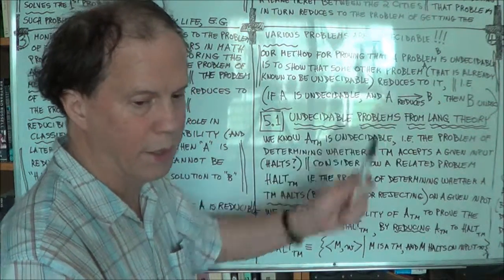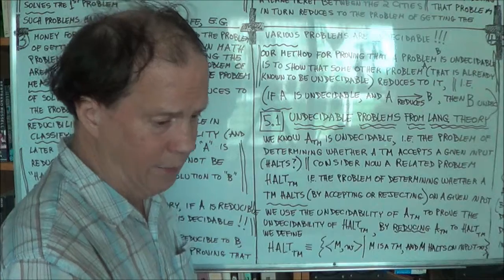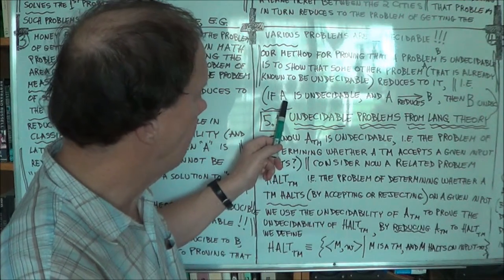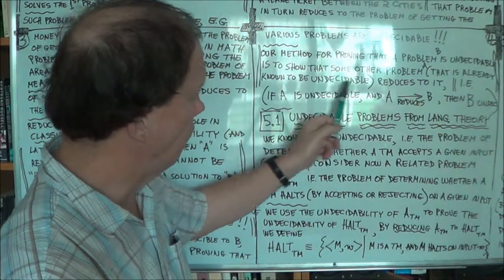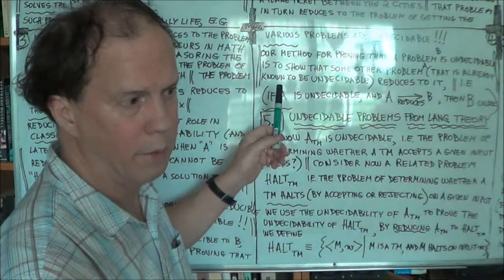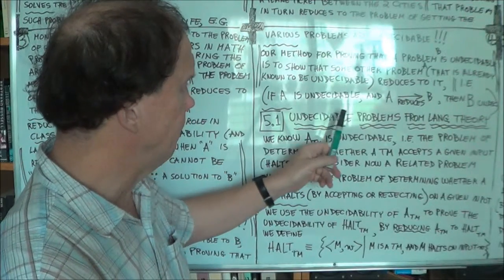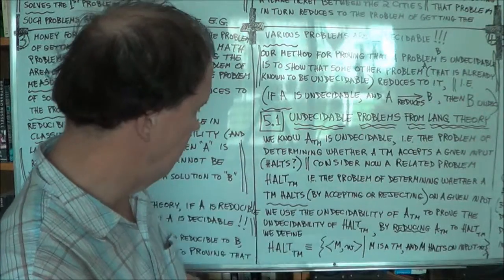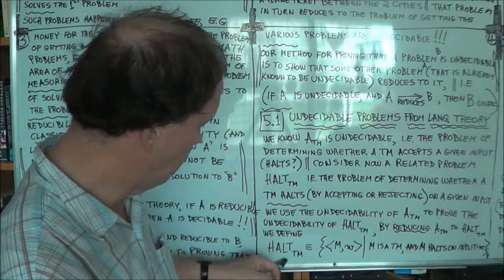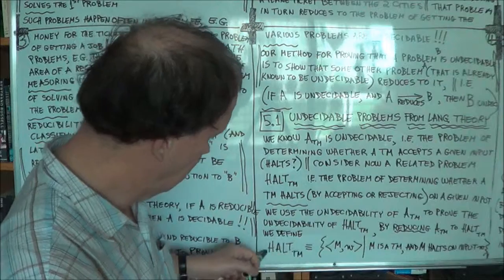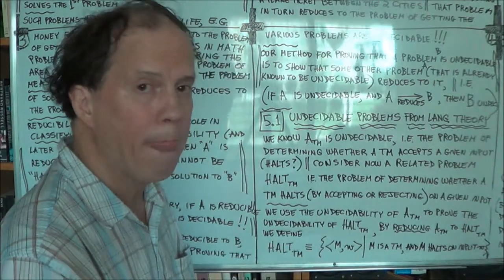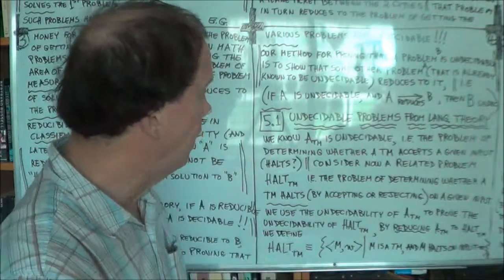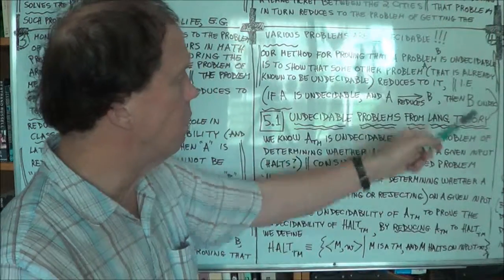So if we're going to use reducibility, we're going to have to use that language. So our A here, that we have prior knowledge of, is A_TM, and we're going to reduce A_TM to B, and this will be our B. We're trying to prove that this language, this problem B, is undecidable, and we'll use this strategy to do that.